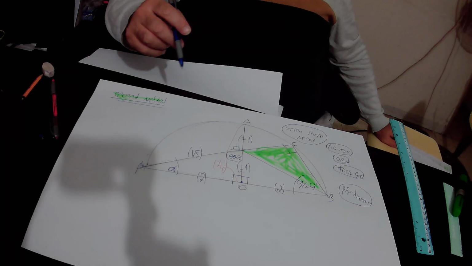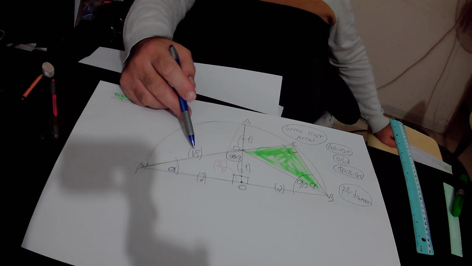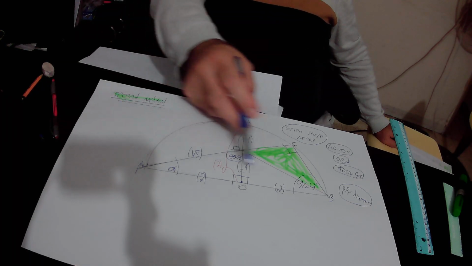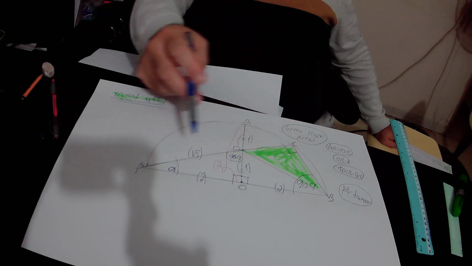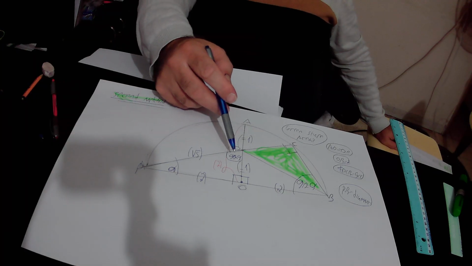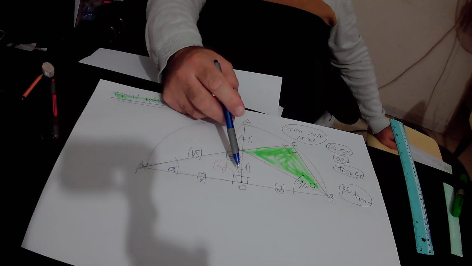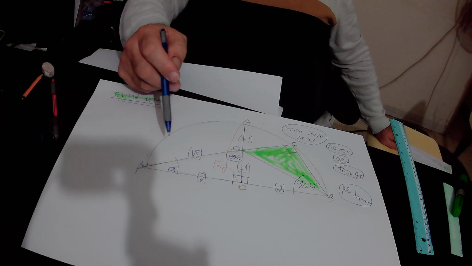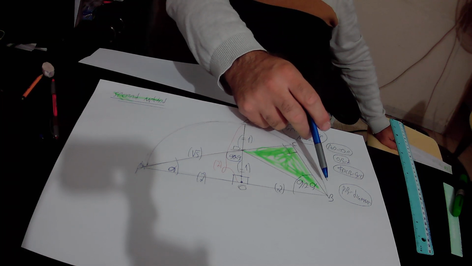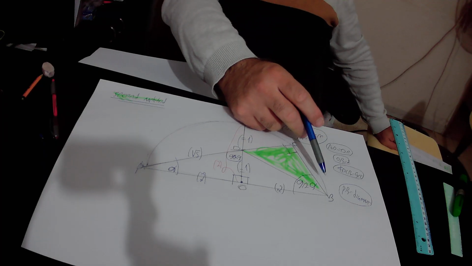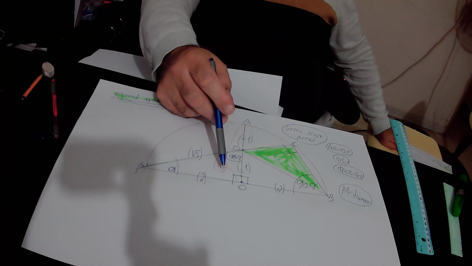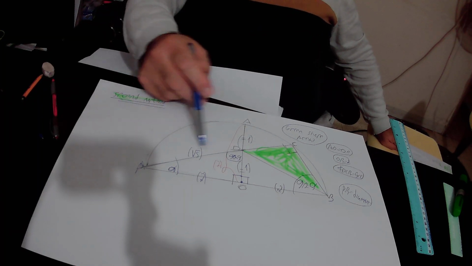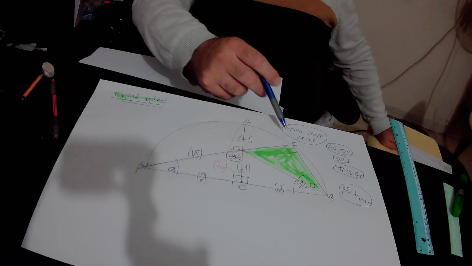Side PD of the small right triangle PDO over side PB of the big right triangle PCB is equal to side DO of the small triangle over side CB of the big triangle, and it is also equal to side PO of the small triangle over side PC of the big triangle.